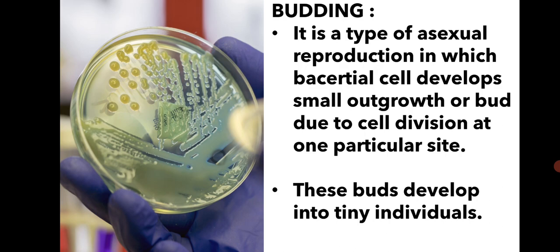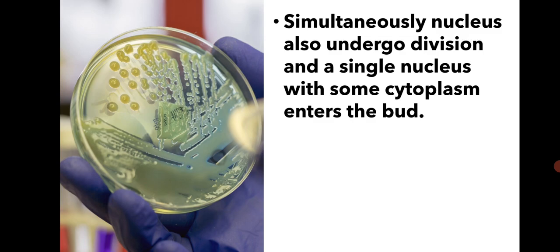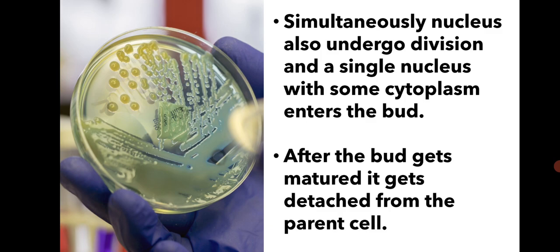These buds develop into tiny individuals. Simultaneously, the nucleus also undergoes division, and a single nucleus with some cytoplasm enters the bud. After the bud matures, it gets detached from the parent cell.